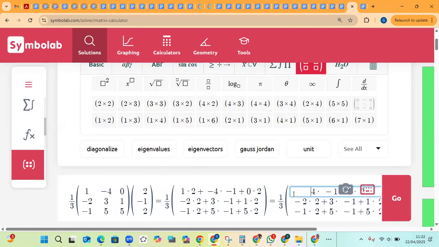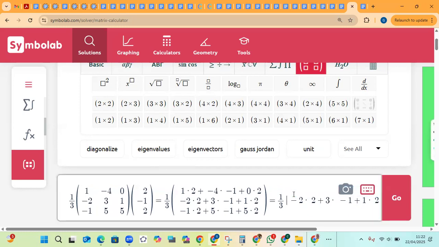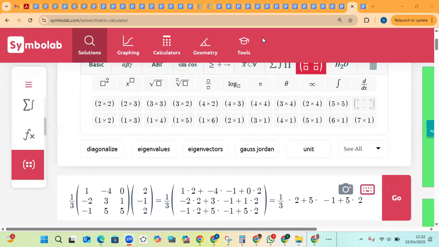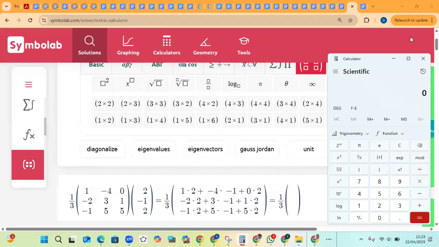So we can actually do this in our calculator very quickly, or apply mental arithmetic. But for speed, we can use the calculator.